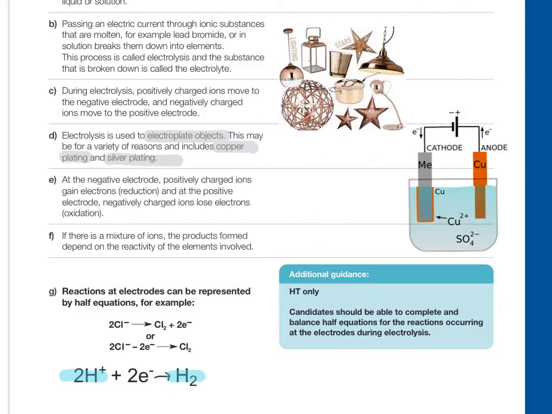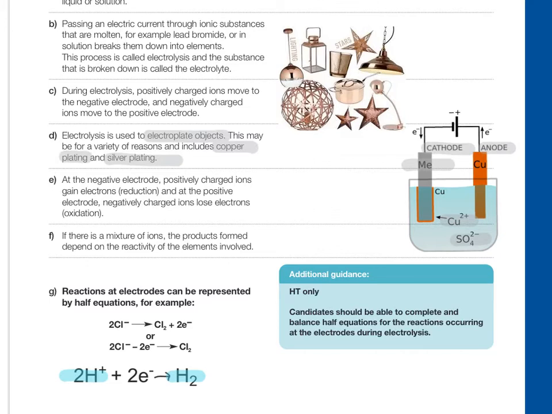In copper electroplating, you take the metal that you're wanting to plate or coat in copper and use that as your cathode. The copper itself, the pure metal, is used as the anode. And you also have a solution of copper sulfate, so a solution made up of Cu2+ ions and sulfate SO4 2- ions.